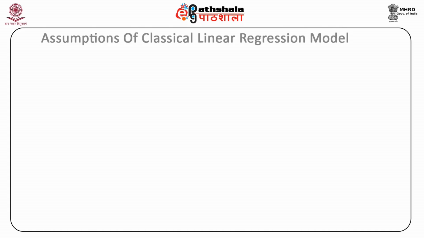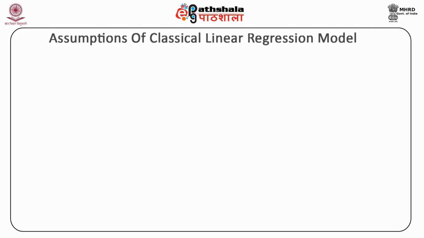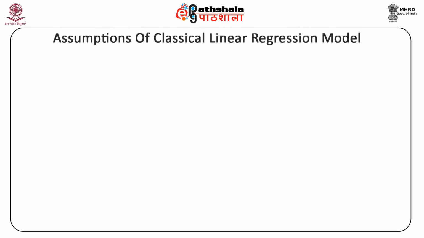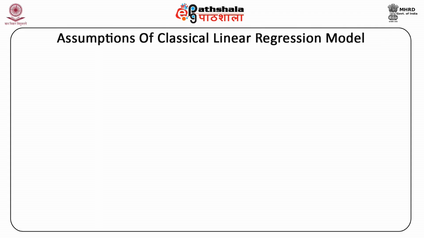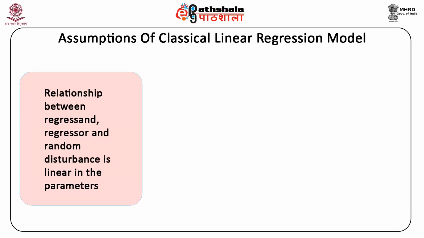The Gaussian standard or classical linear regression model, that is CLRM, which is the basic framework of regression analysis, makes 10 assumptions. These assumptions are: Assumption 1. Linear regression model. The relationship between the regressant, the regressor, and the random disturbance is linear in the parameters.